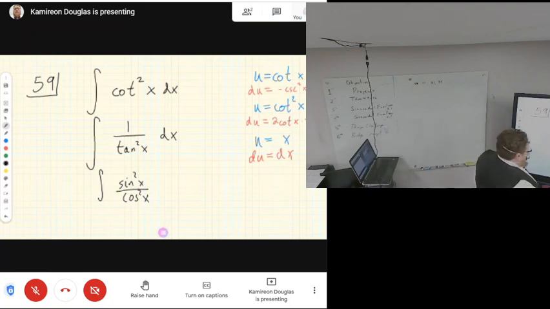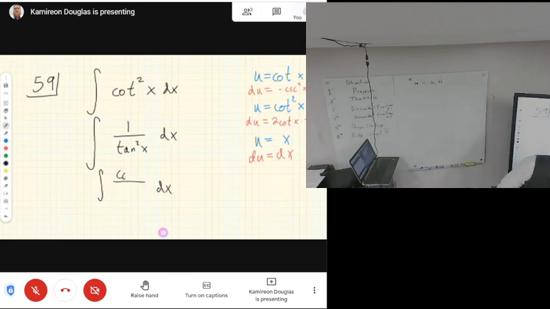I guess you could also do it with the square on the outside instead of the inside, where it's sine over cosine squared. Wait, sorry, 1 over. We should flip it around, meaning I get cosine on top and sine on bottom. I think that's going to be our best shot.